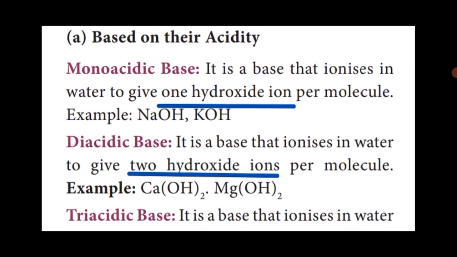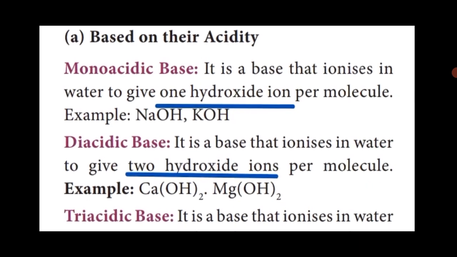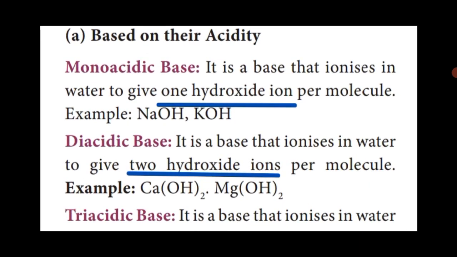Second one, diacidic bases. What are diacidic bases? A diacidic base ionizes in water to give two hydroxyl ions per molecule. For example, calcium hydroxide, formula Ca(OH)2.